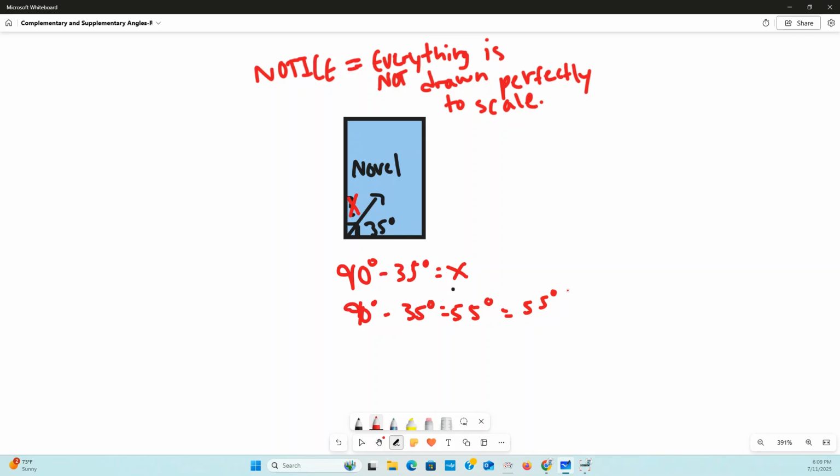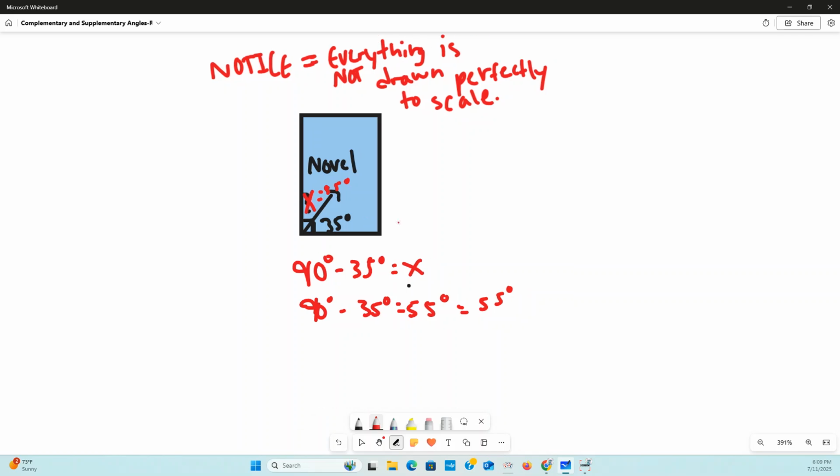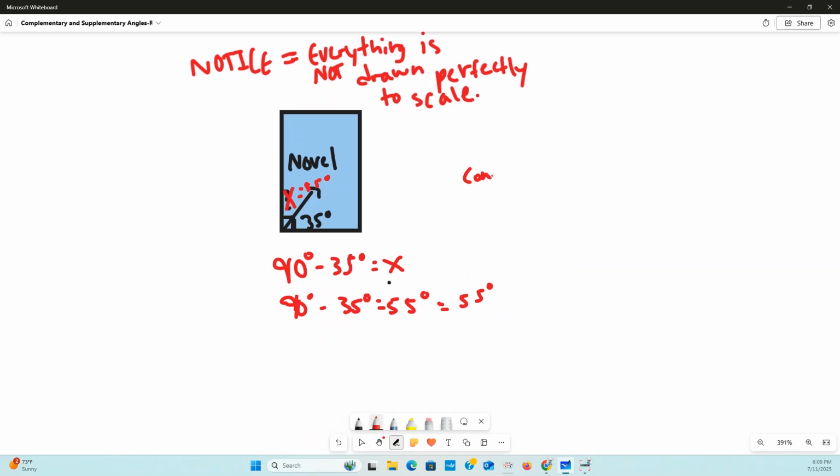Now, there is a name for angles like the 55-degree angle and the 35-degree angle. They're called complementary angles. Complementary angles are when two angles' sum is equal to 90 degrees.